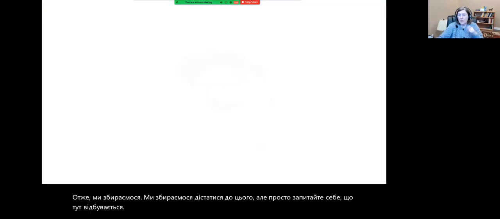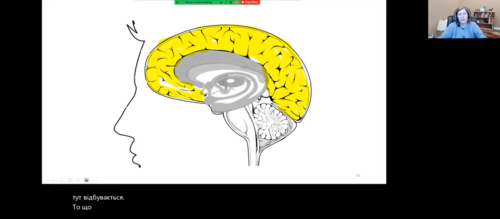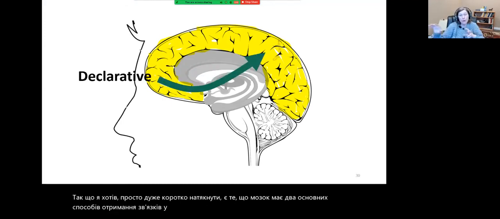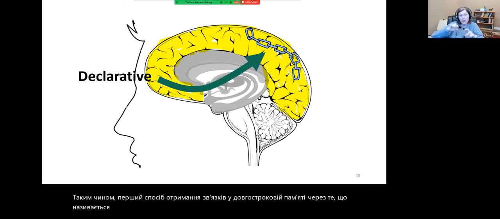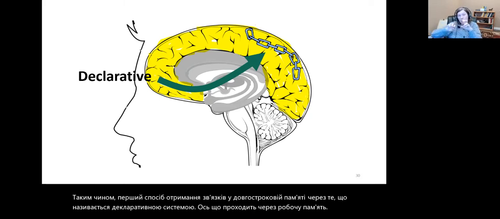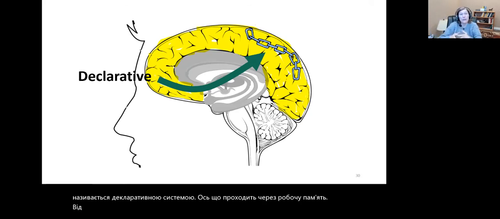So what I want to just very briefly allude to is that the brain has two major ways of getting links into long-term memory. The first way is through what's called the declarative system. That goes from working memory through the hippocampus to create sets of links in long-term memory.